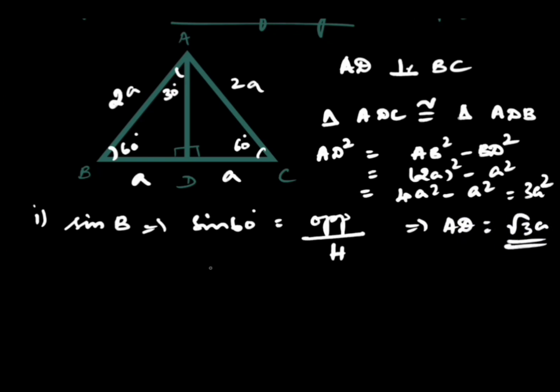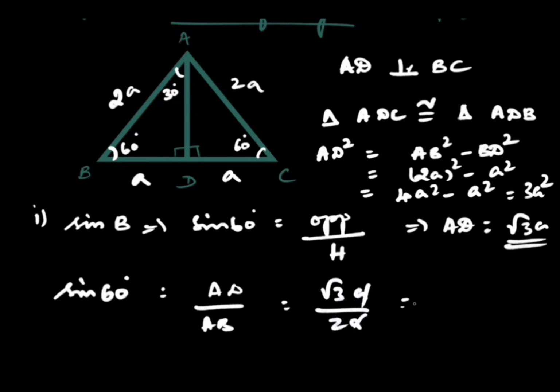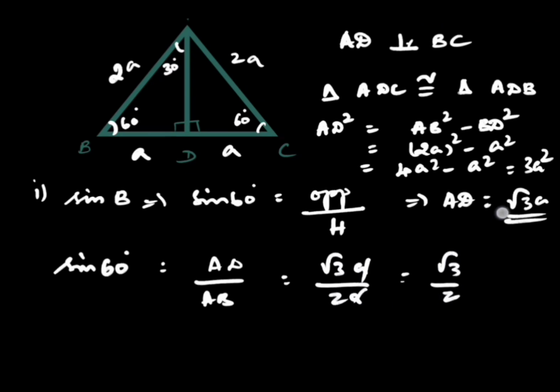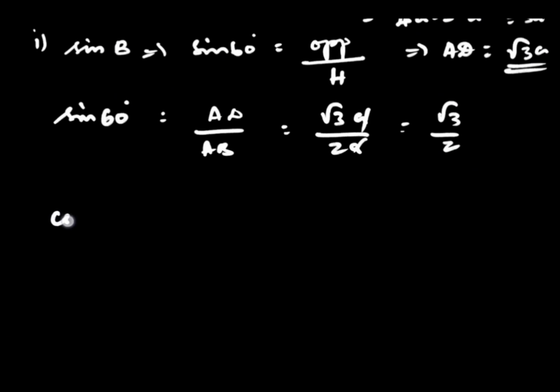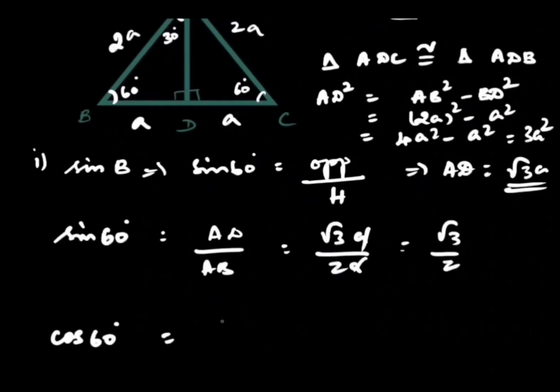Sin 60 is equal to AD by AB, which is equal to root 3A by 2A, which gives root 3 by 2. Then coming to cos 60, which is equal to adjacent side by hypotenuse, which is equal to BD by AB. BD is A and AB is 2A, which in turn gives 1 by 2.